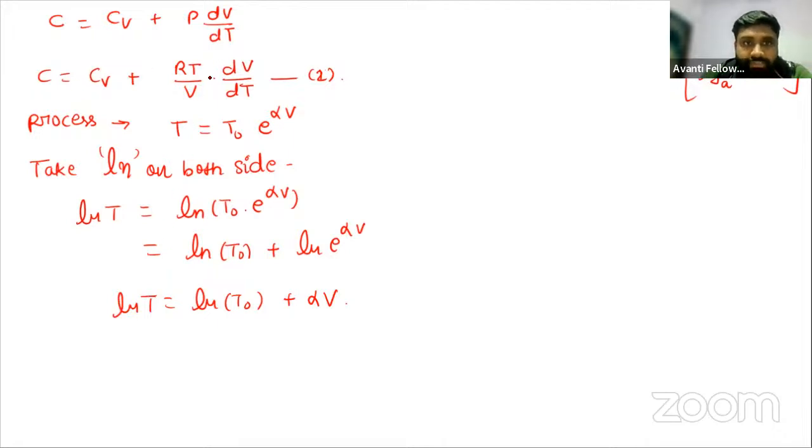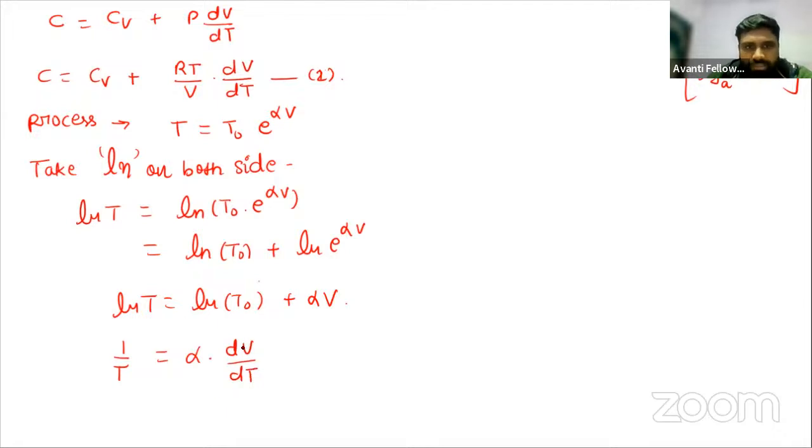Now in the final expression we have dV and dT, so we need to differentiate this so that we can get dT and dV also. If you differentiate this, it will become 1 by T is equal to, this is a constant, so its differentiation with respect to temperature will come out to be 0, and finally alpha V you can write as alpha into dV by dT.